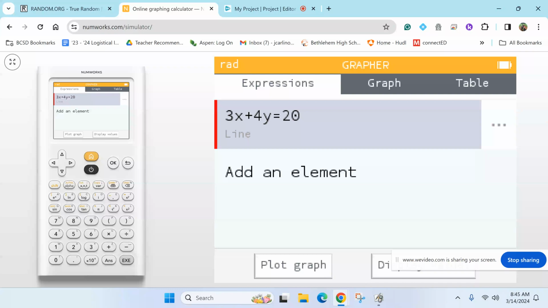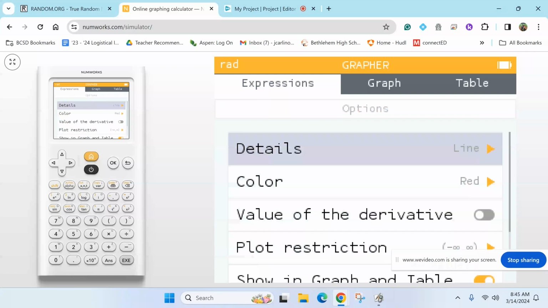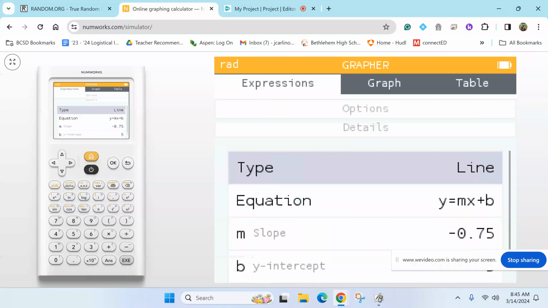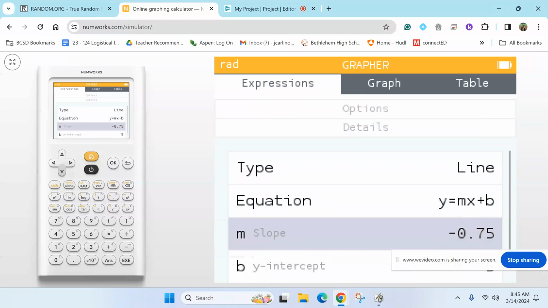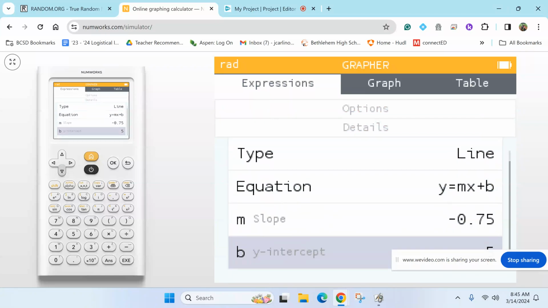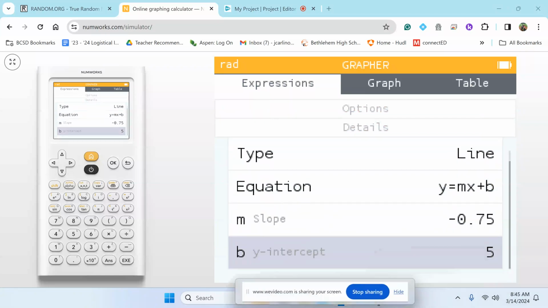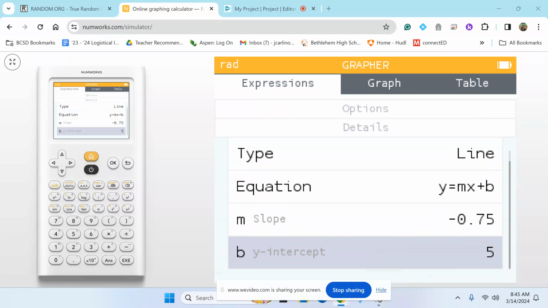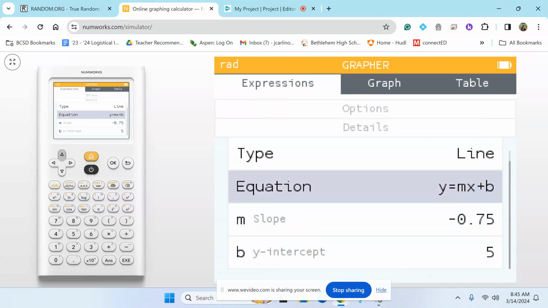You can go to details, and it'll tell you the slope and, if you scroll down, the y-intercept. Negative 0.75, that's negative 3/4. The y-intercept is 5.